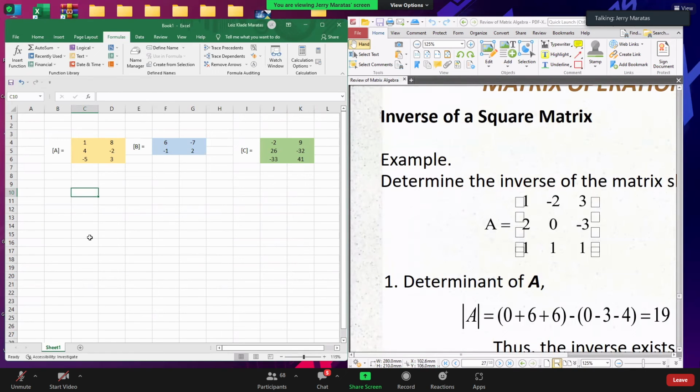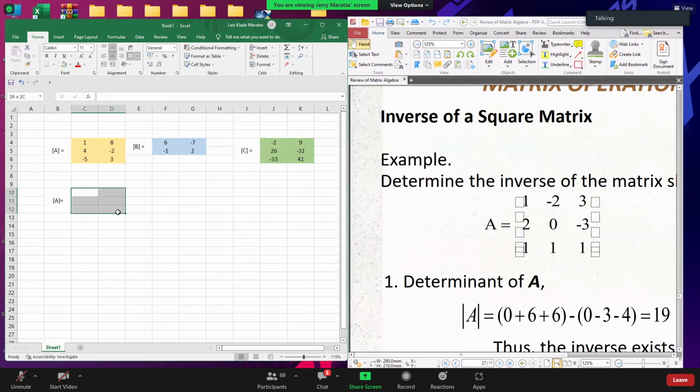So matrix A, 3 by 3, 3 by 3. This is matrix A. So what are the elements? 1, 2, 1. This is negative 2, 0, 1. This is 3, negative 3, 1. Okay?